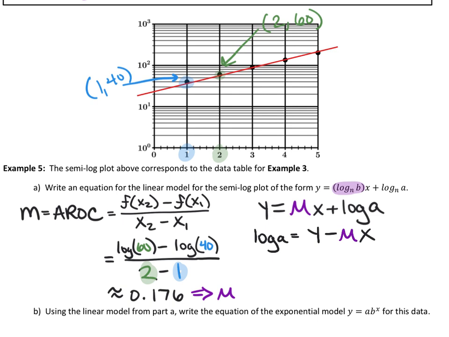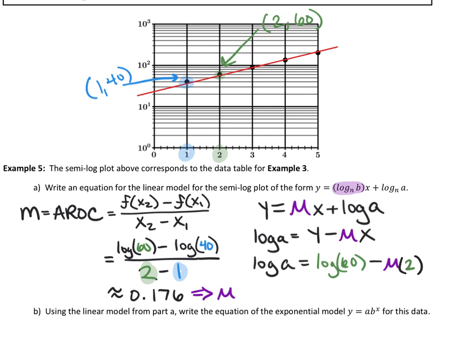We need to input values for x and y so we can solve for this log of a. Based on the graph that you guys told me, log of a can be equal to an output of log of 60 minus my m times the input value of 2, because we had the coordinate point 2, 60 from my graph.